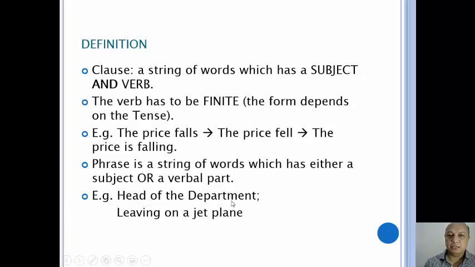It's only a subject. Living on a jet plane. Again, this is only a verbal part. There is no subject here. So if you cannot identify the subject and verb in a string of words, then most likely it is a phrase.